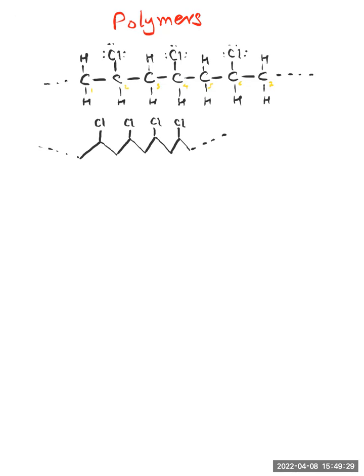Now, this is the polymer. This is what we call the polymer chain, the entire polymer molecule. Now, instead of drawing the entire polymer molecule, what we could do is draw what is repeated.